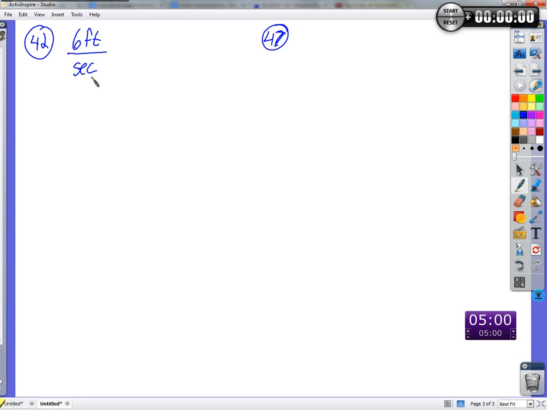We want miles in the numerator to wind up with miles. Okay? So 1 mile is equivalent to 5,280 feet. Okay, this is not a mystery, it's not a magic trick, right? What's the relationship with each other?